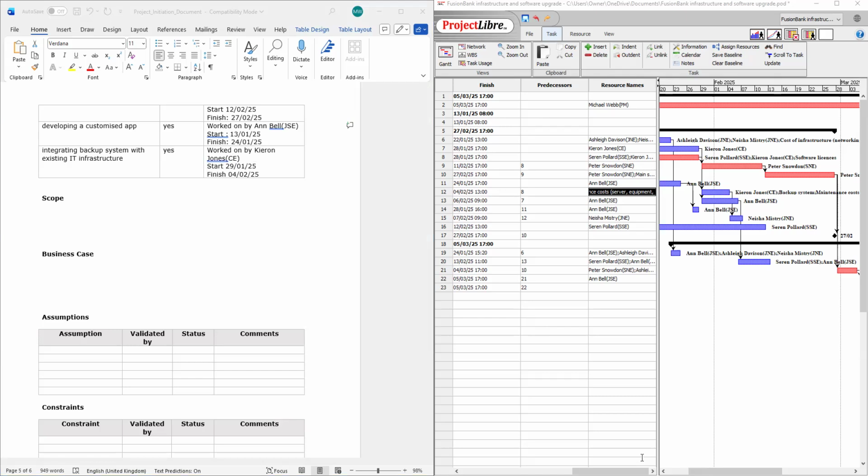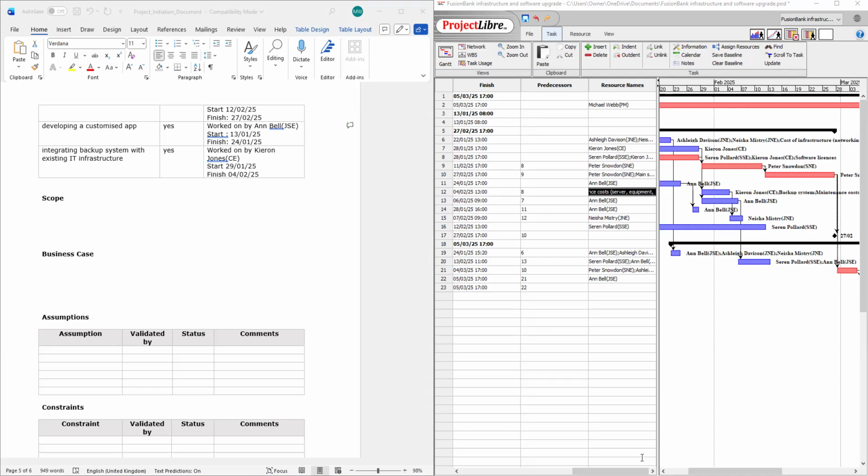It's very broad. It's an overall. So the scope of a project includes upgrading Fusion Bank's network infrastructure, servers, backup system, encryption technology, authentication method, and fraud detection capability. It also includes developing a customized banking app, implementing real-time monitoring. So that's what the scope is all about.